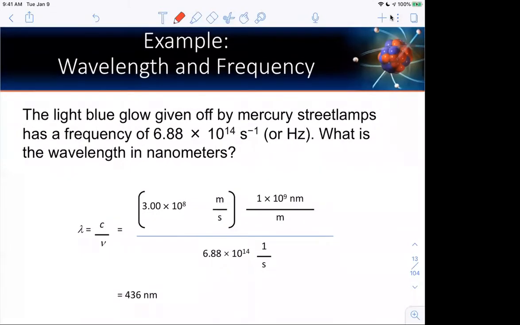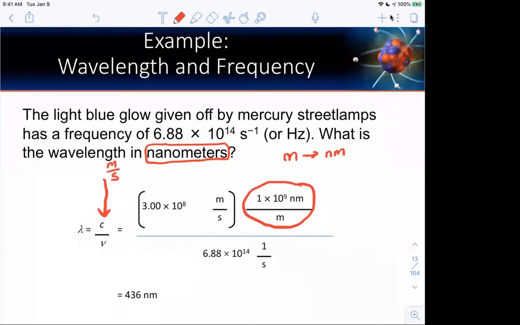So here's an example. The light blue glow given off by mercury street lamps has a frequency of 6.88 times 10 to the 14th reciprocal seconds. That's second to the minus 1. It's 1/second, or hertz. What is the wavelength in nanometers? Notice my c is in meters per second, and I want my answer to be in nanometers. So I have to convert my meters into nanometers, which is what this conversion does.